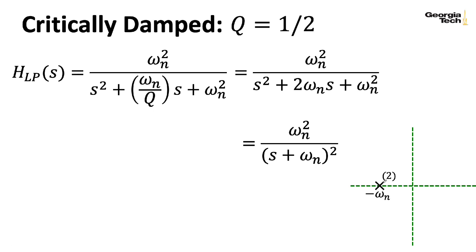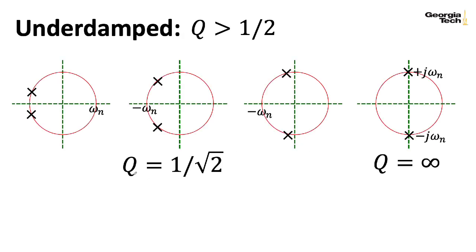And at that point, if we keep increasing Q, then we wind up with a case where the poles split apart and then start traveling on a circular path with a radius of omega n around the origin. So the particular case of Q equal 1 over square root of 2, that's like 0.707, that's very special. That's the case where the poles form 45-degree angles with our axes.